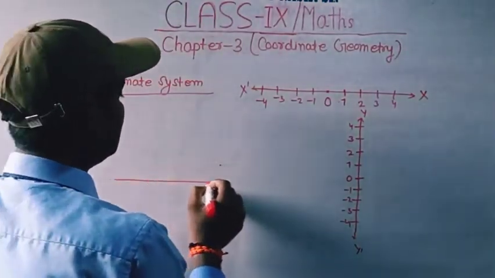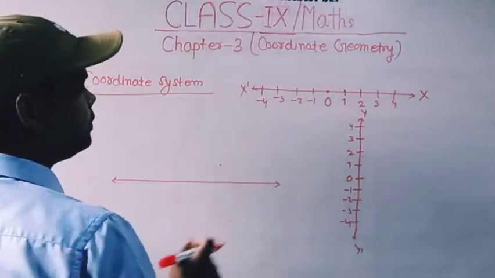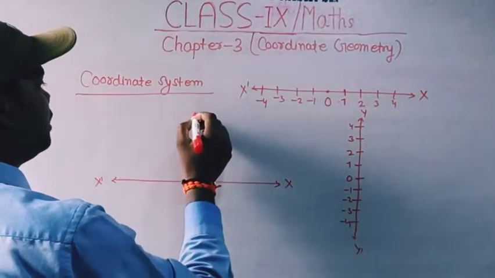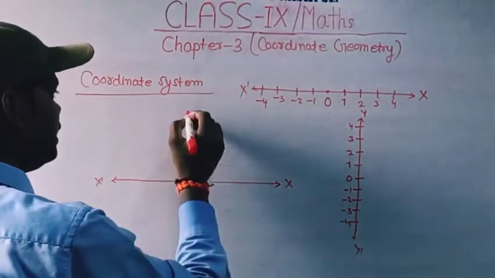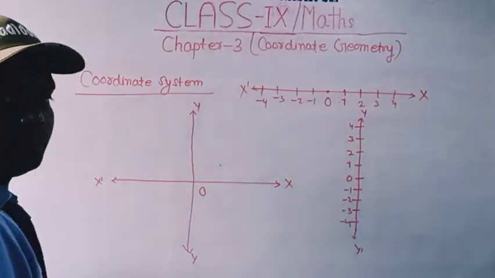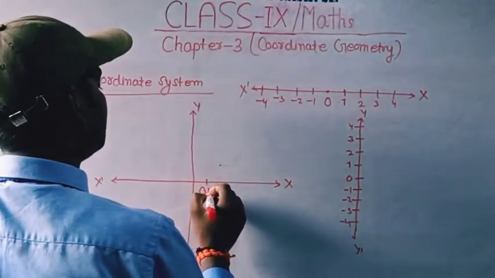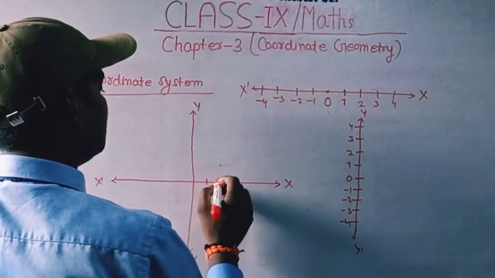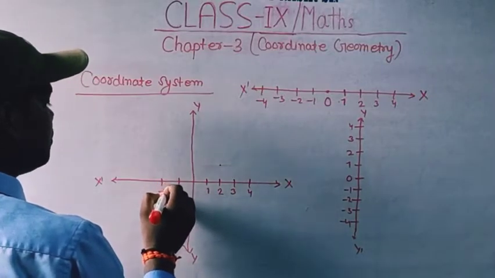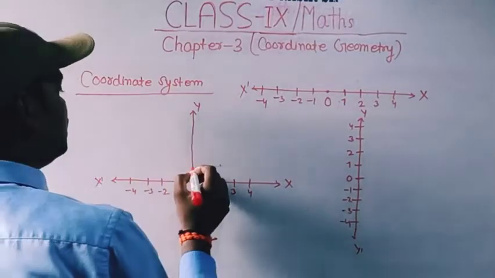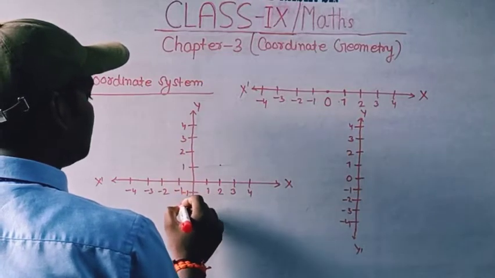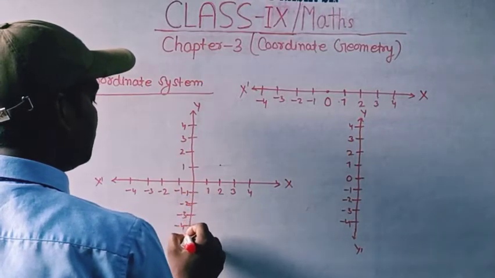So let us see, after combining these two lines, x dash and y dash, this is 1, 2, 3, 4, -1, -2, -3, -4, and this is 1, 2, 3, 4, -1, -2, -3, -4.